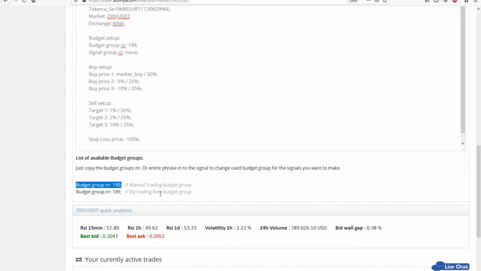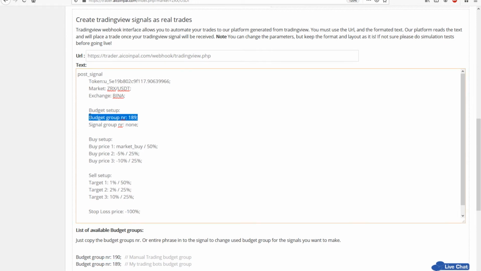So in the previous video we set up the trading bots that was specially designed for trading bots. Assuming that Telegram would be a trading bot strategy, we will just use the group's number 189.